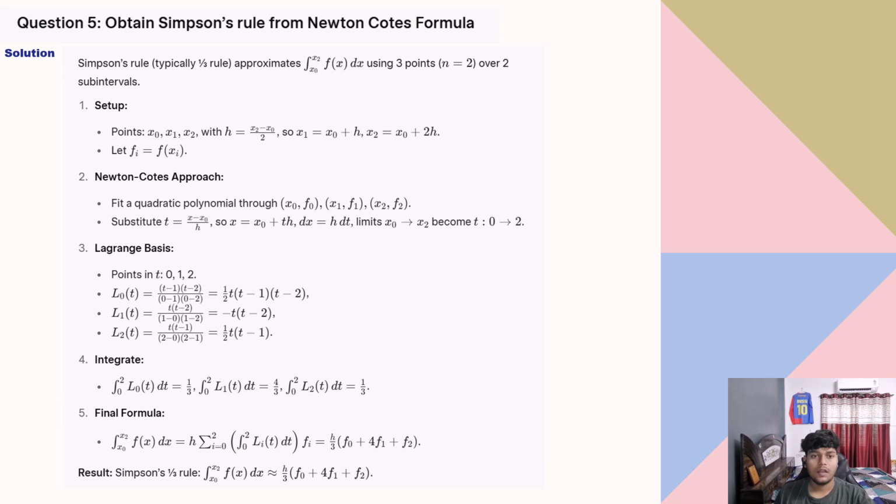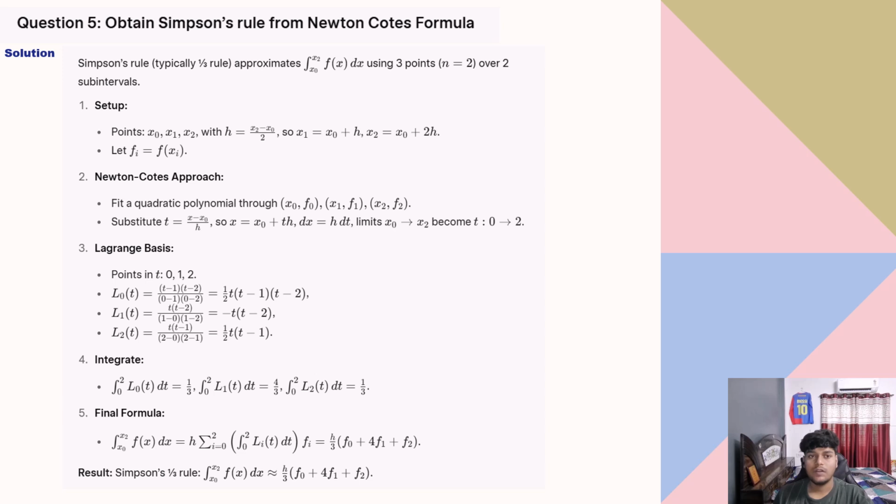Question number 5 asks us to obtain Simpson's rule from the Newton-Cotes formula. Typically, Simpson's rule refers to the one-third rule, which uses a quadratic polynomial over 3 points x0, x1, x2 with h equals (b minus a) by 2. The Newton-Cotes formula approximates the integral of f(x) from a to b by integrating a polynomial that passes through the given points.